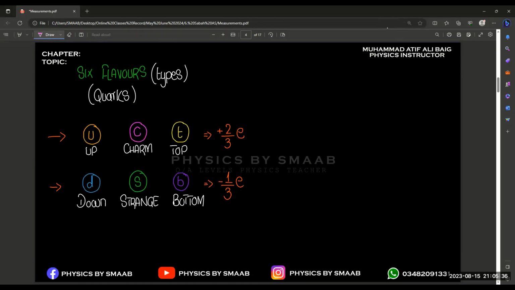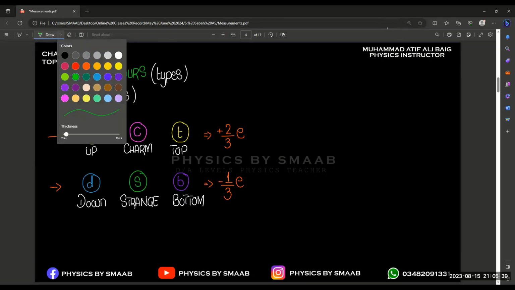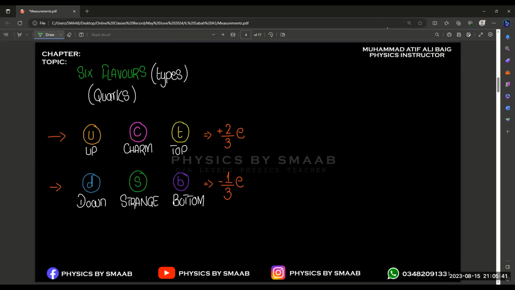Okay. And if we talk about these six flavors in antiforms, this is just like a different type of game or puzzle. We are just combining and finding things of different colors and joining them, making the things. So we are having anti-up, anti-charm, anti-top, because you got the concept, all having the negative charge. So I'm writing the names with the opposite.